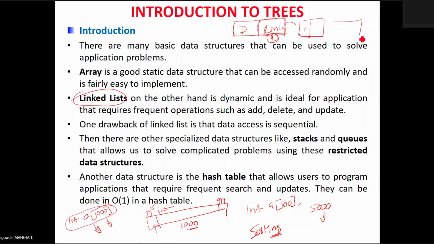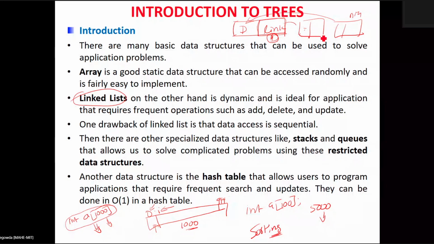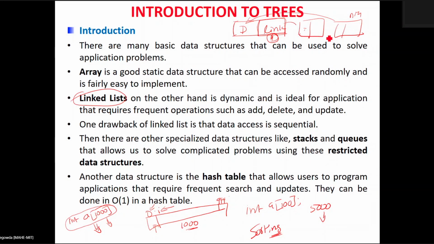Suppose you are standing at the nth node and you want to come back to the first node, it is not at all possible in the case of the single linked list. It allows only traversing in the forward direction. So reverse traversing or backward traversing is not possible in a single linked list.